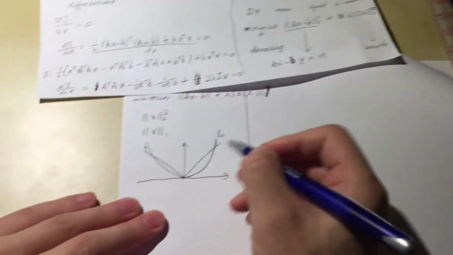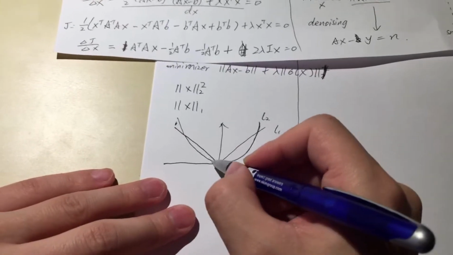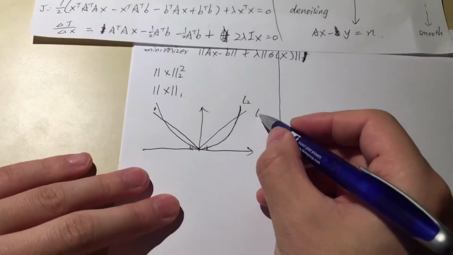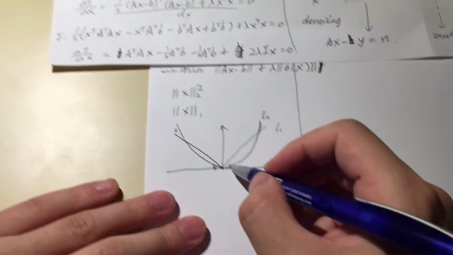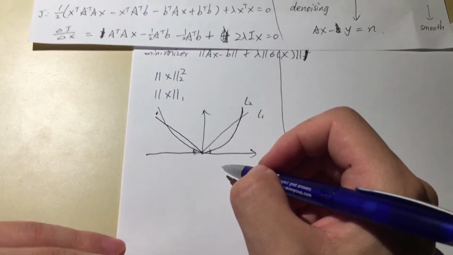If we use the L2 norm, we give less weight to the small values, but if we use the L1 norm, we give more weight to the small values. So we will make the signal more sparse than using the L2 norm.